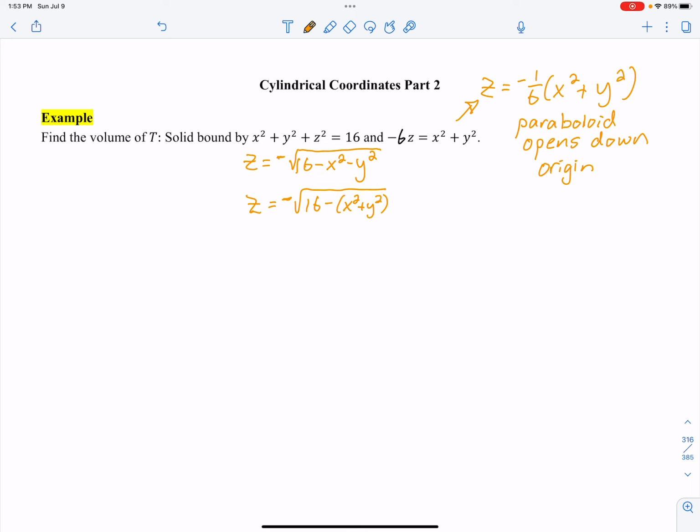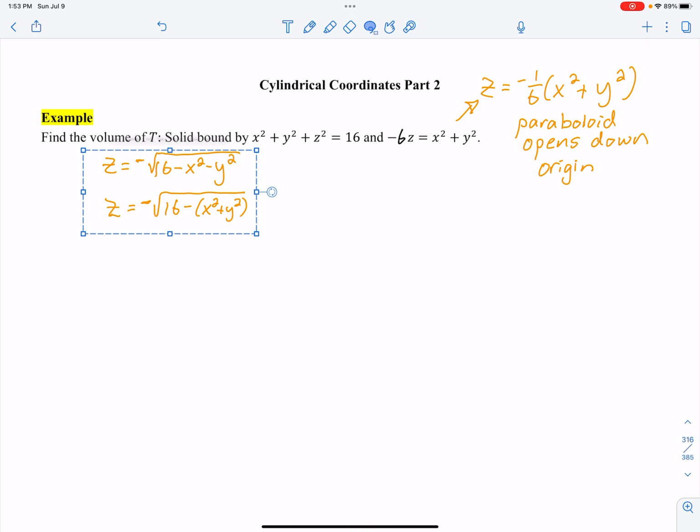But what we're actually going to do is plug the two into each other. Let me move this over because I want to make this a little more obvious. If I take this function and I replace x squared and y squared with what's there, I get z squared. I'm just going to flip this. Minus 6z equals 16.